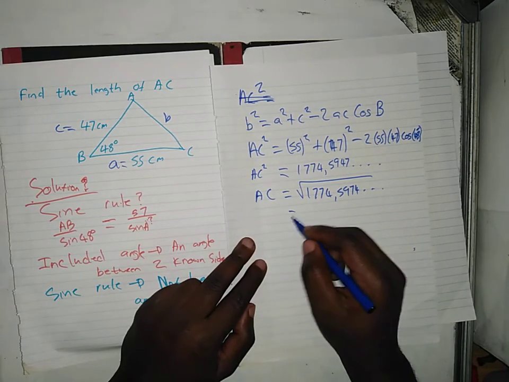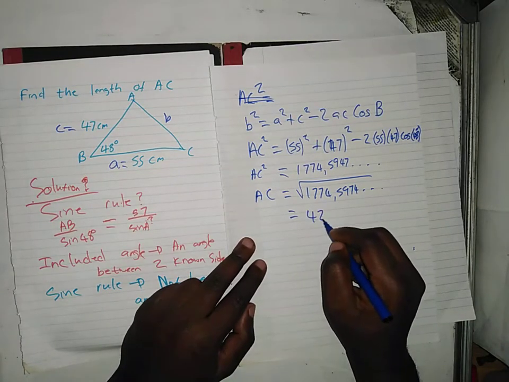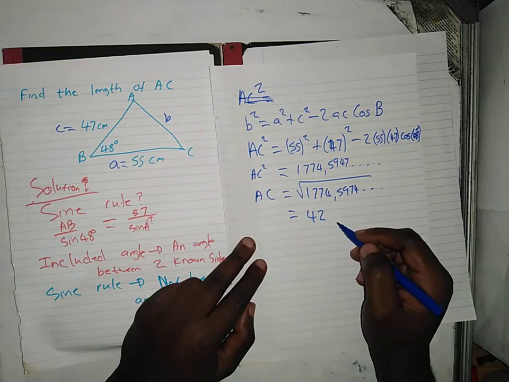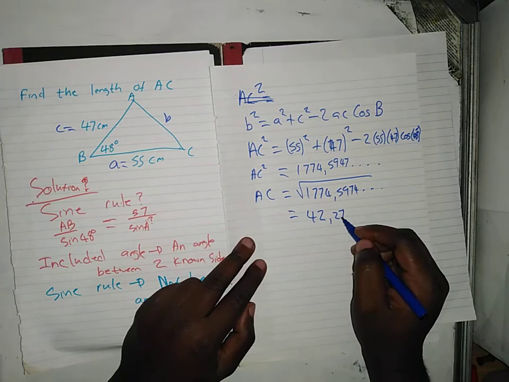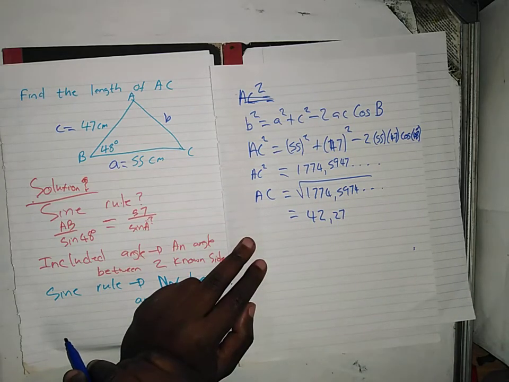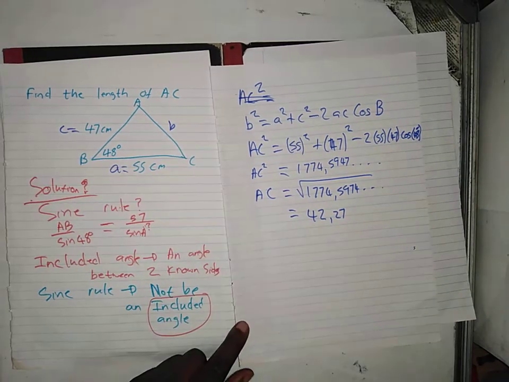When you do that, you then get 42.27, rounded off to 2 decimal places.